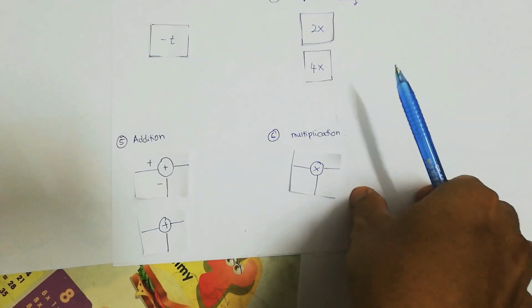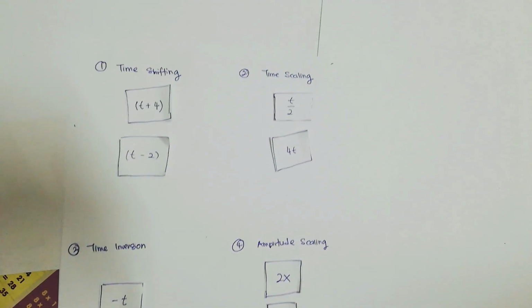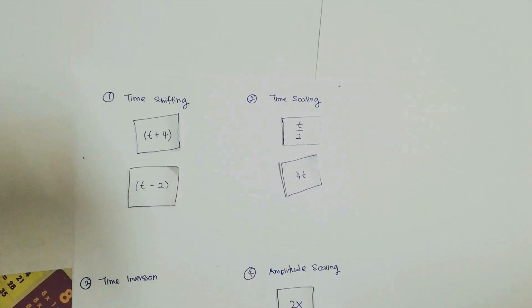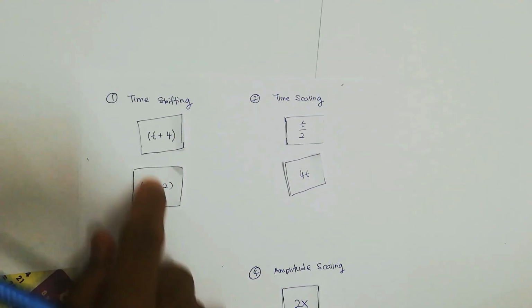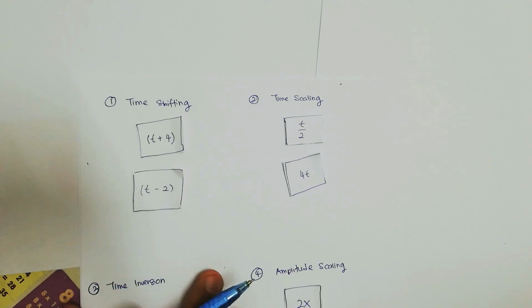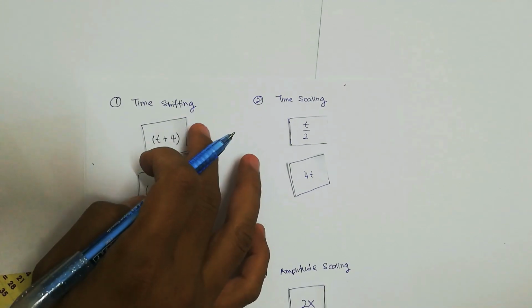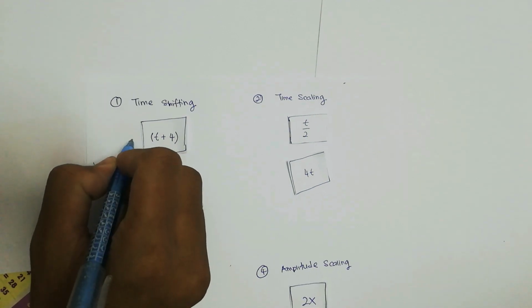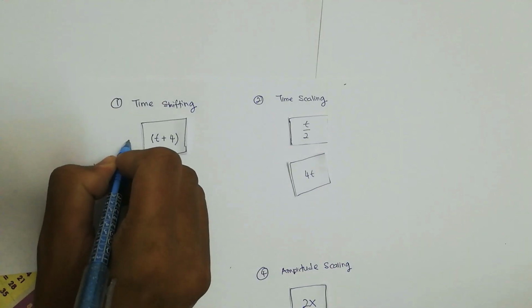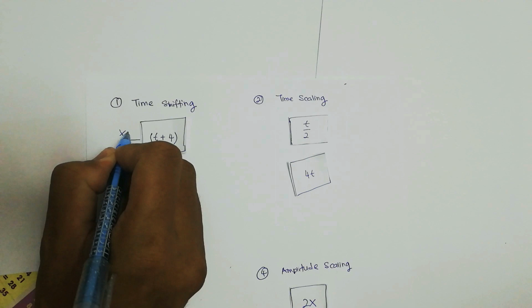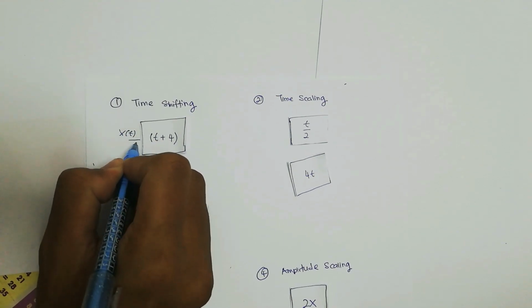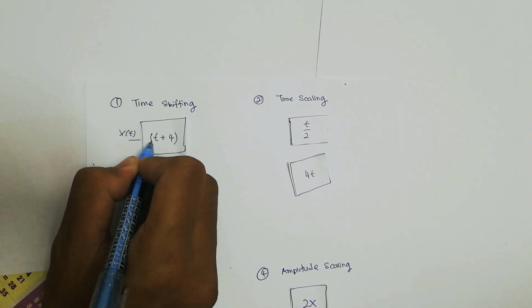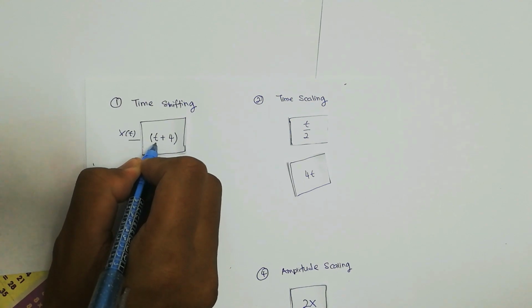I want to show you this in terms of notation. For example, take a time shifting system. We have an input signal x(t), the original signal, which becomes the input of this t plus 4 system, which is the time shifting transformation.